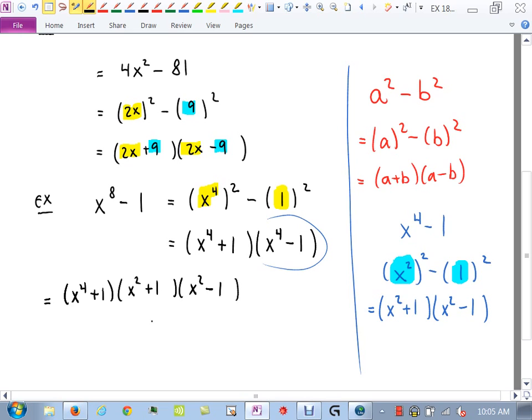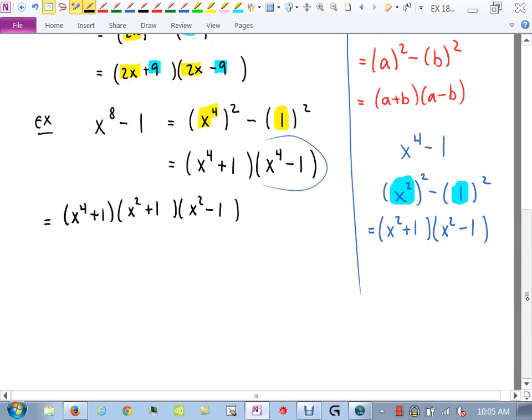So I can actually take x squared minus 1 and break it down. I'm going to kind of run out of room here, but I'm taking x squared minus 1, right? I'm breaking it down to be something squared minus something squared. What do I have to square to get x squared? Just x, right? And then what do I have to square to get 1? 1.